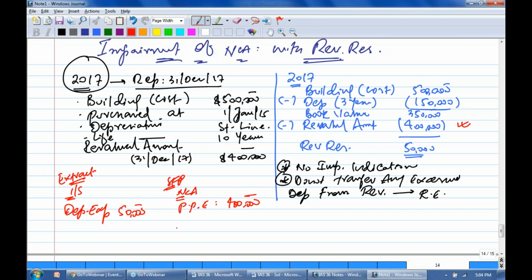And in equity, the revaluation reserve is 50,000.